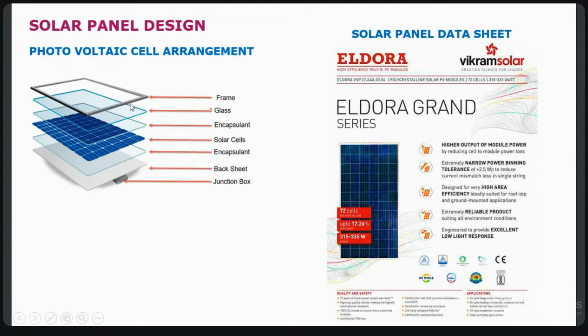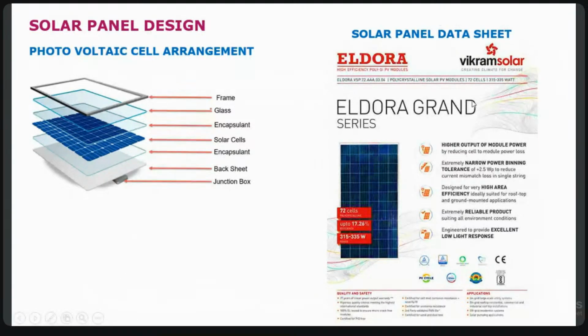They pass into the encapsulant, which helps to absorb the solar rays in the solar cells, and these solar cells convert the solar energy into electrical energy. So this is how the solar panel arrangement is.